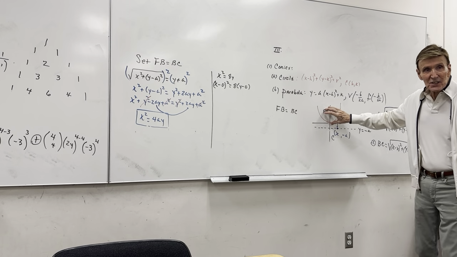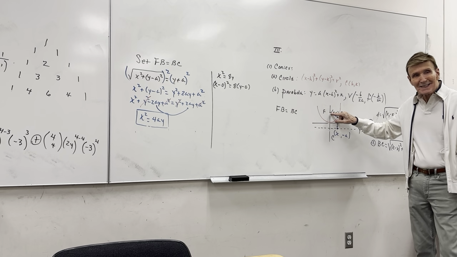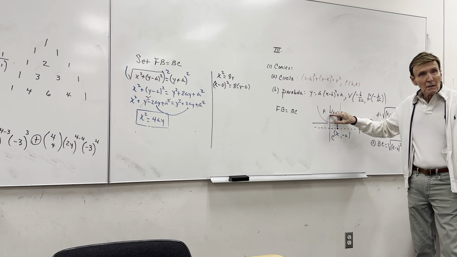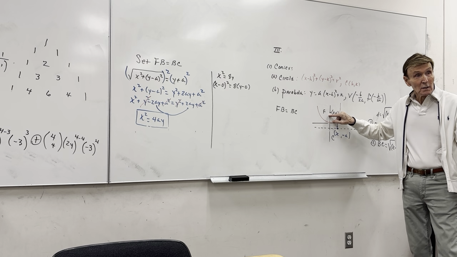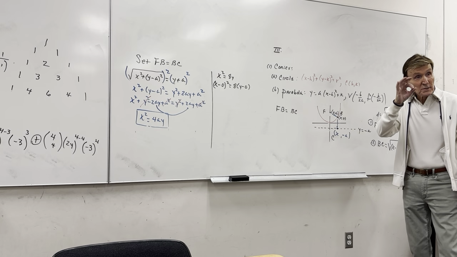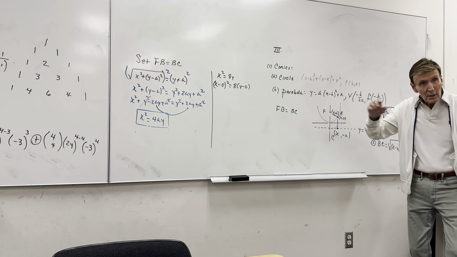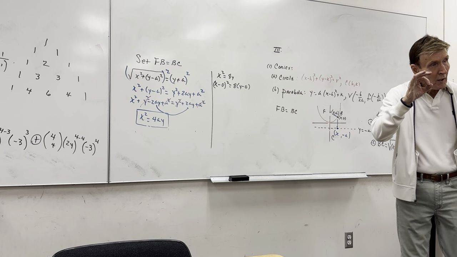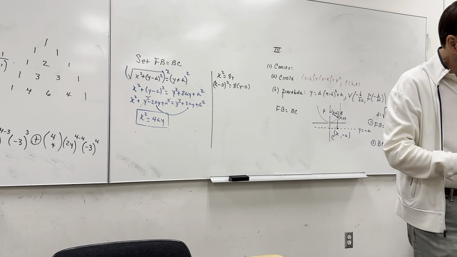A satellite dish, beaming. And I guarantee you, there's a point inside here that I'm calling the focus, somewhat like a flashlight, where the little bulb is located, right in there somewhere, like a satellite dish with that curvature. Inside there is that point they call the focus. We need to find the focus of this particular parabola.